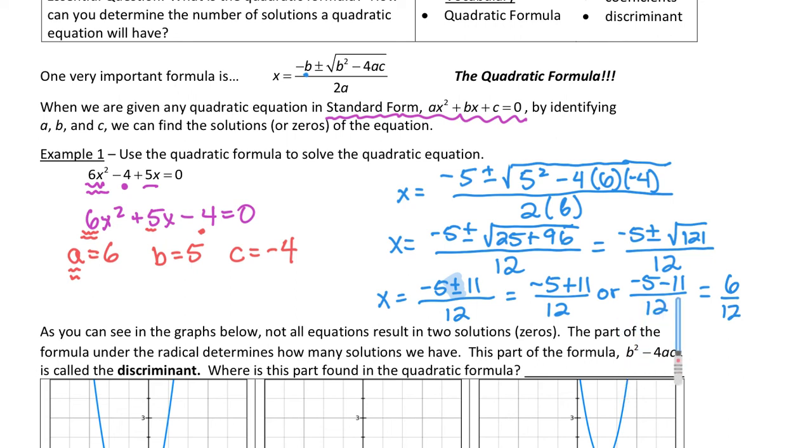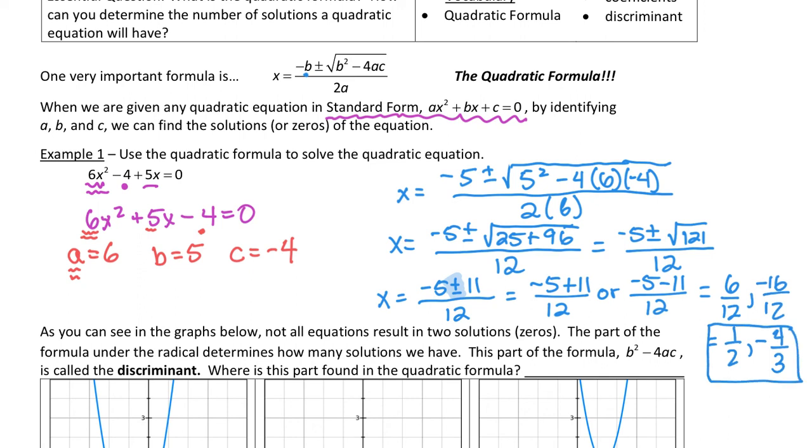Negative 5 minus 11 would be negative 16 over 12. I'm just going to put a comma, and if I simplify both of those, I get 1/2, and 4 divides into both, so I get negative 4/3. Those are my two solutions.